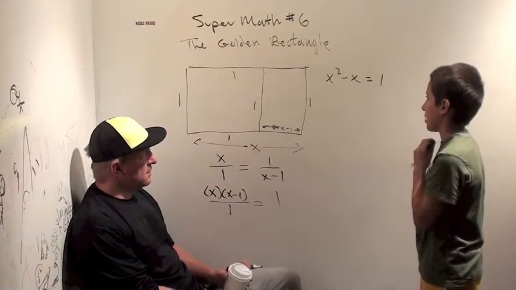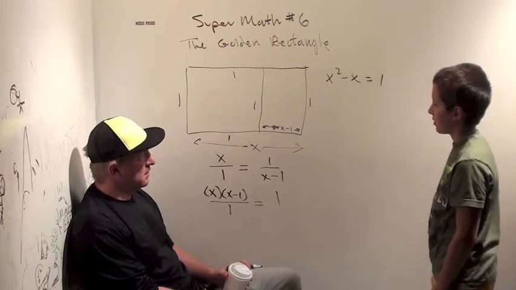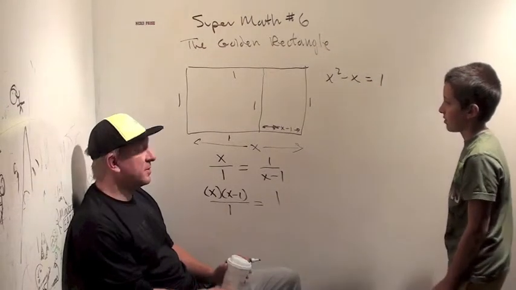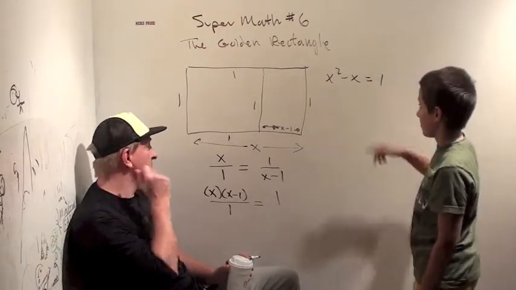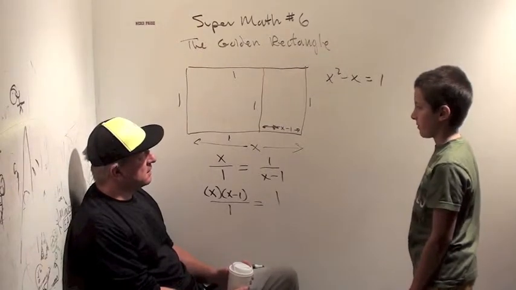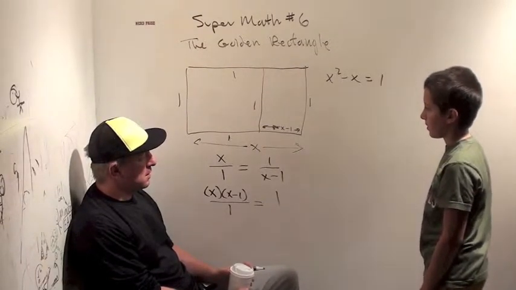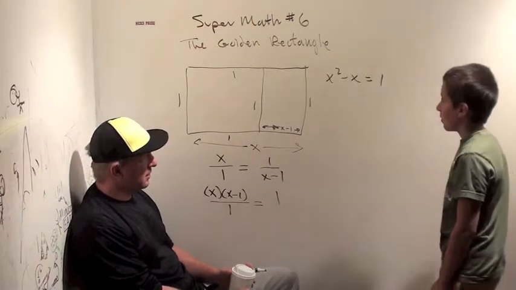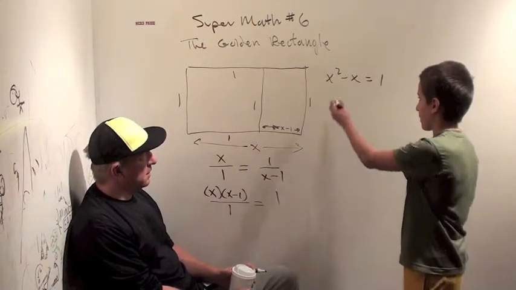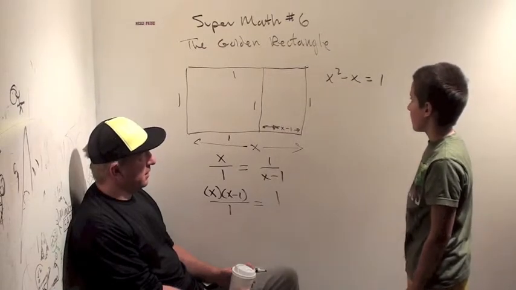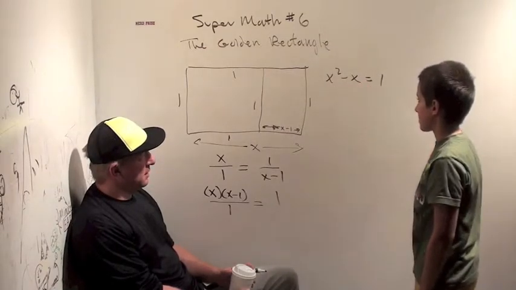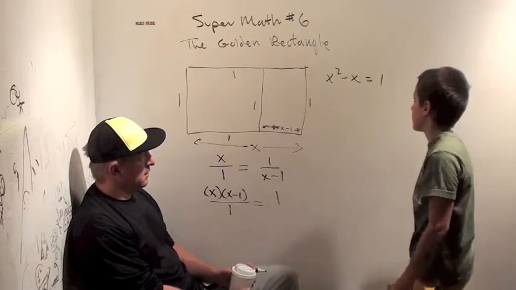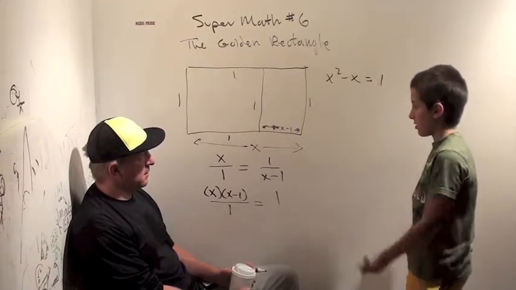This sort of is a quadratic, except that it doesn't have the third bit. Quadratics usually have 3 parts: the x squared, then minus something times x, and then minus whatever is the integer bit.